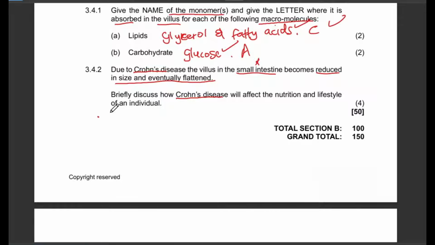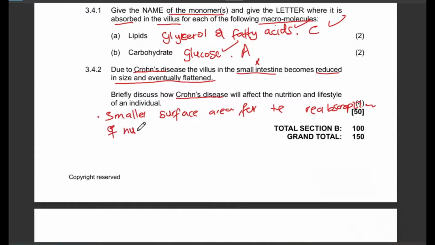Okay, so that means there will be a smaller surface area because it's reduced in size, right? Smaller surface area for the reabsorption of nutrient monomers.